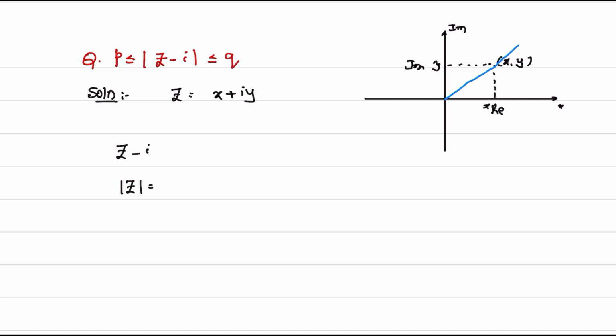This is joining z from the origin. This is the origin. Modulus of z is nothing but square root of x square plus y square, which I have explained to you.